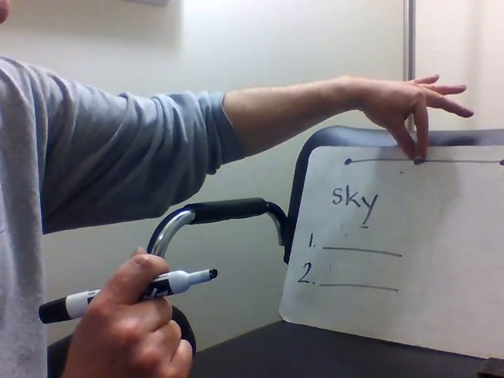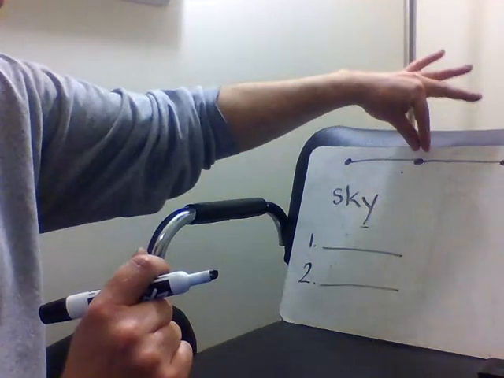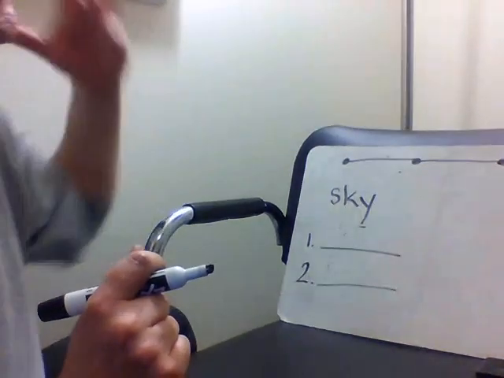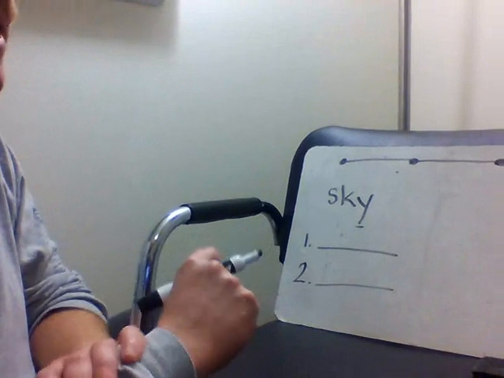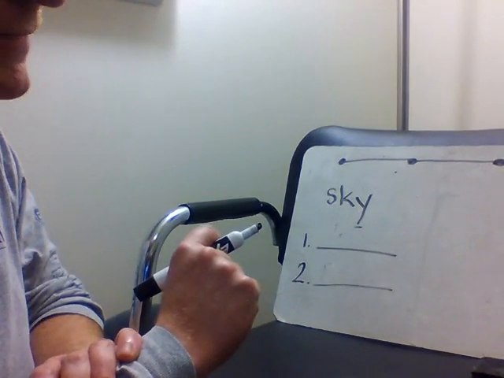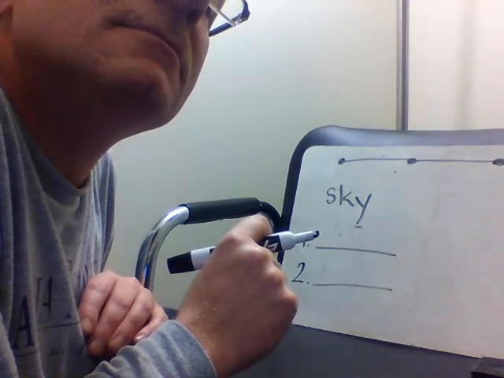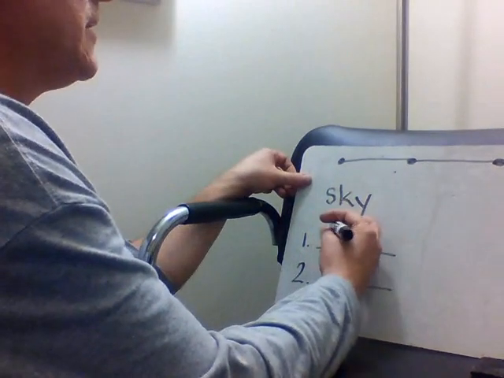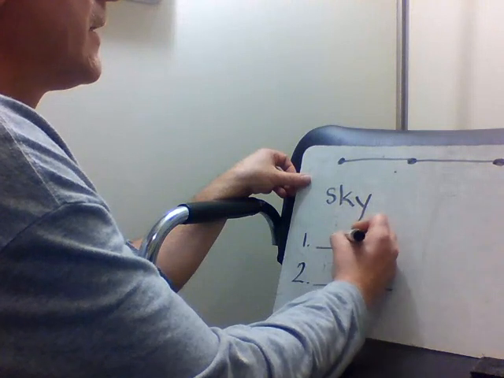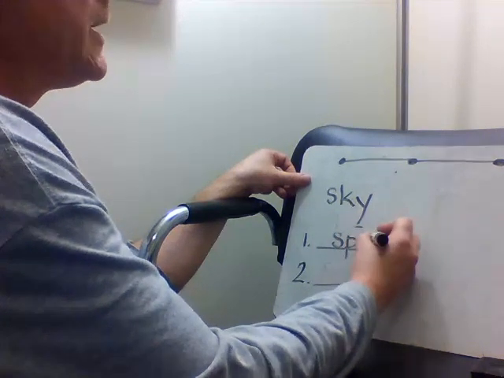We need 2 letters, and then I, and you know which letter is going to be I at the end. So spy. Okay, you spell it how you think, and then click me back on and we'll check. Okay, and if you put SPY, you are correct. Spy.